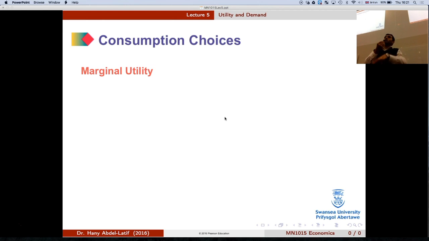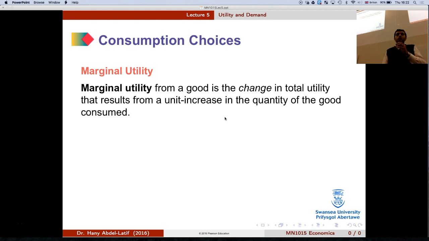So we understand that total utility increases when you increase your consumption. So the more you consume, the higher the total utility will be. But the question is now, how much each unit you will increase here, or the extra unit you will increase, will contribute to the total utility. That is the marginal utility. So the marginal utility here is the change in total utility that results from a unit increase in the quantity of the good consumed.